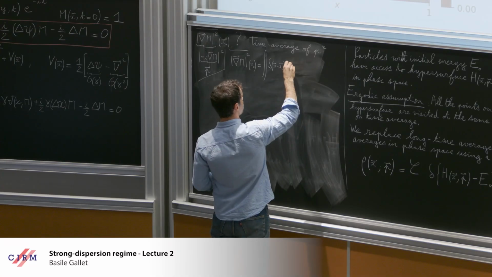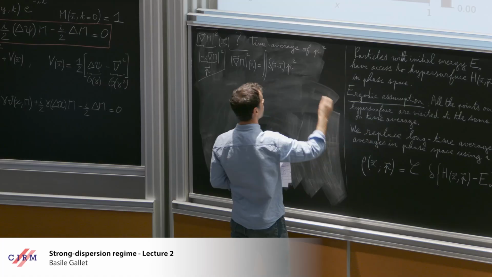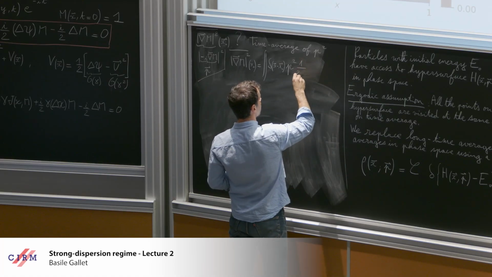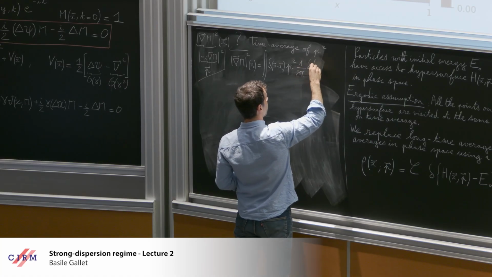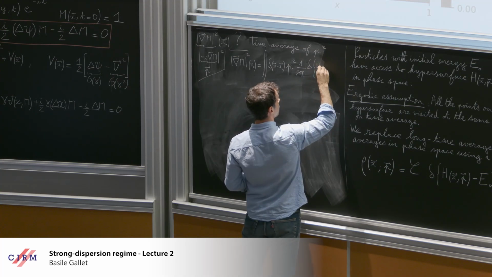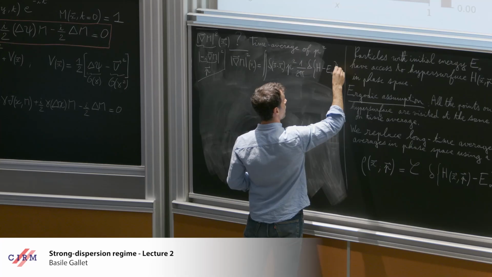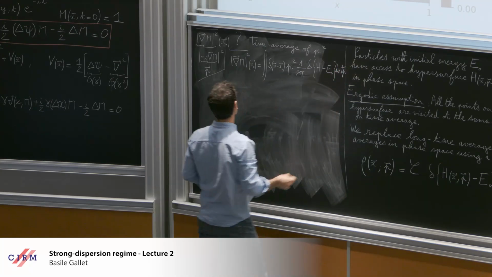I want the average of p squared, and then I multiply by this density here where c is 1 over 2 pi, 2 pi delta of h minus E0, dx dp.